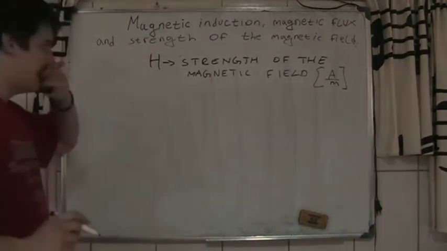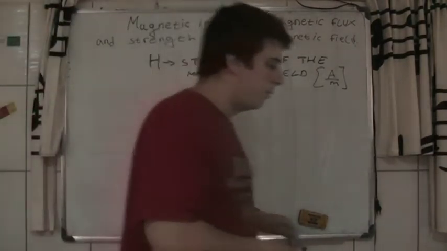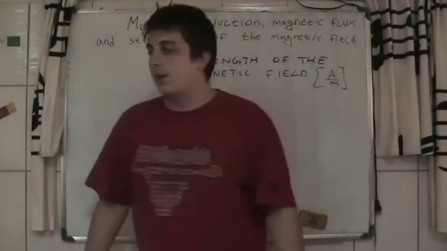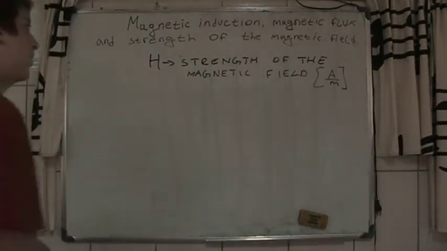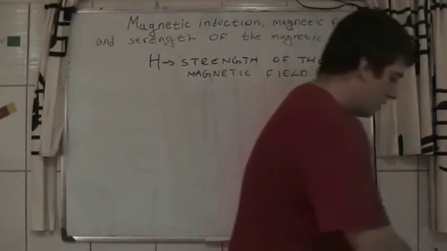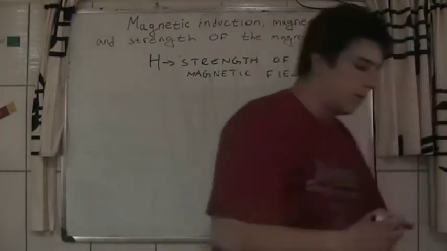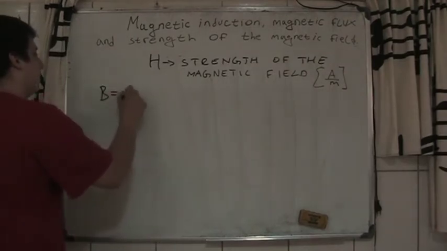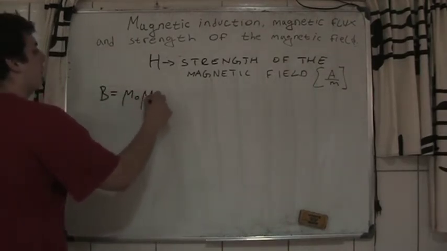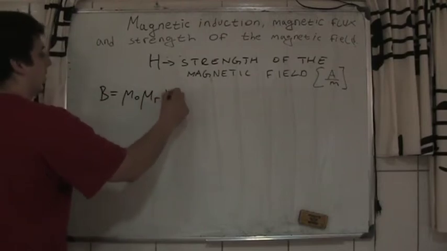Now, what is the relationship between the magnetic induction and the strength of the magnetic field? Well, here we have a formula for that. B is equal to mu 0 mu r times H.